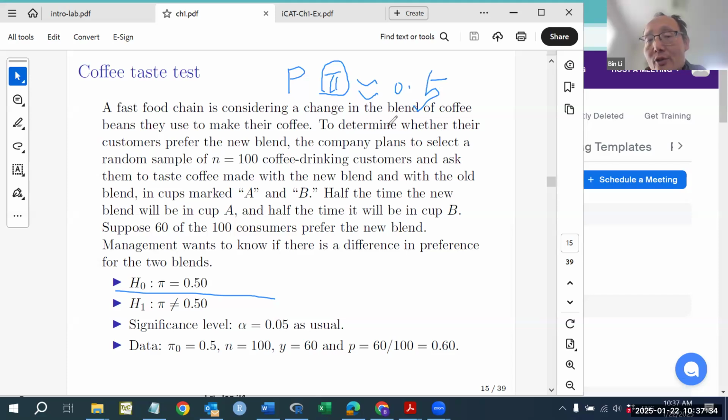You may ask why pi around 0.5 is the easiest or the most accurate, the best case. That is still because of the central limit theorem. We want the sample size to be large enough. When pi is close to 0.5, the number of successes and the number of failures are both quite large.